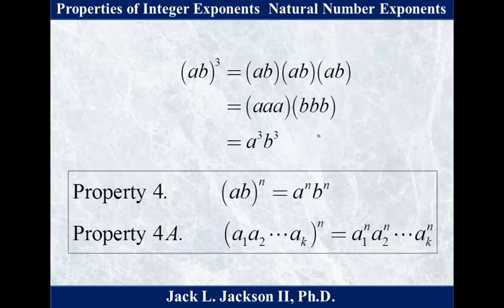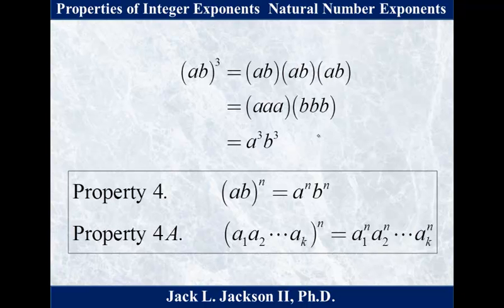And we see that we have a times a times a, 3 a's, which is a cubed. And we have 3 b's multiplied by each other, b times b times b, and so that's b cubed. So ab cubed is a cubed b cubed. So in general, property 4: ab to the nth power is a to the nth times b to the nth.